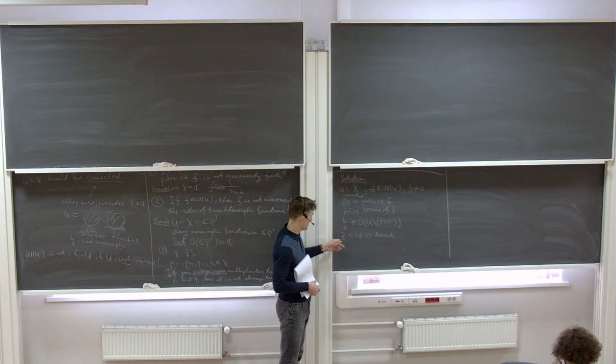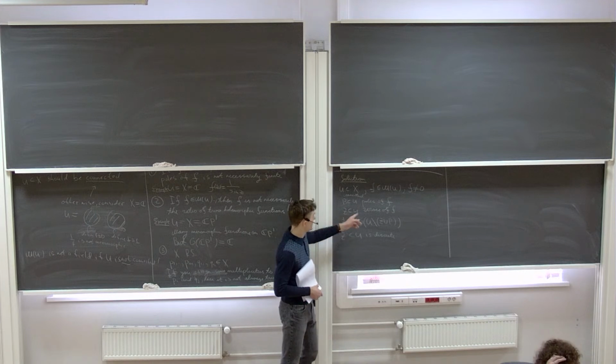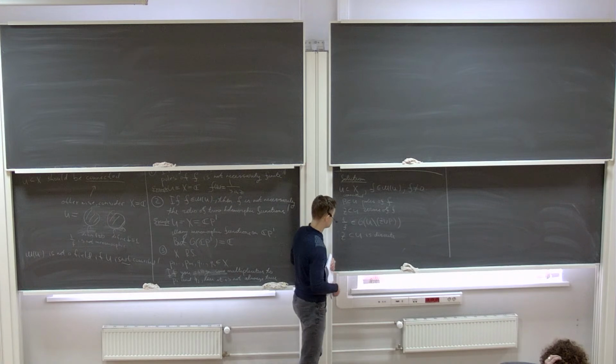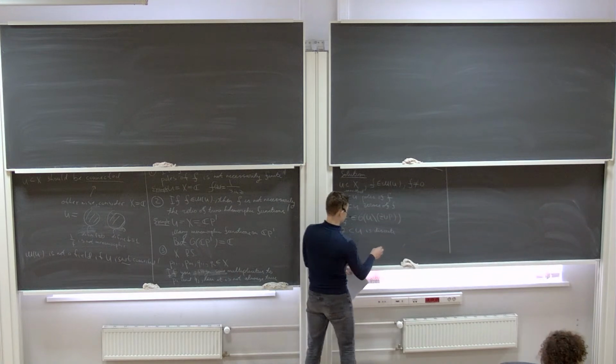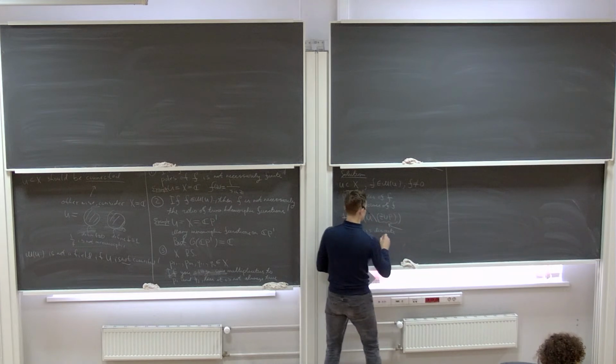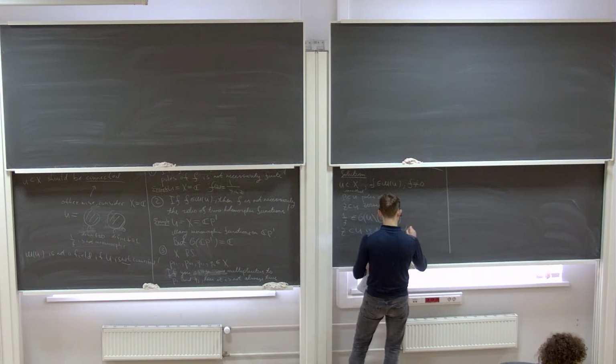Because if this set has a limit point, then f should be identically 0. So Z is a discrete set, so it means that this set also consists of isolated points, so it's also discrete.